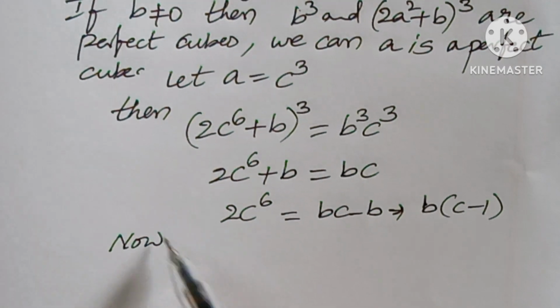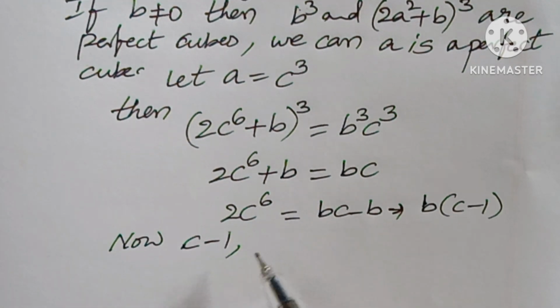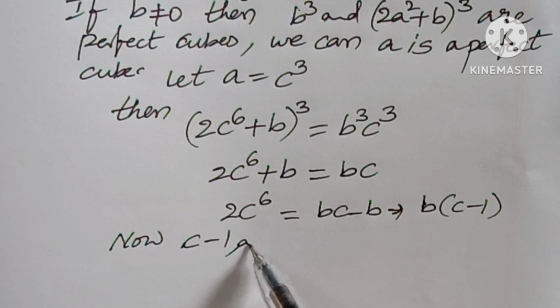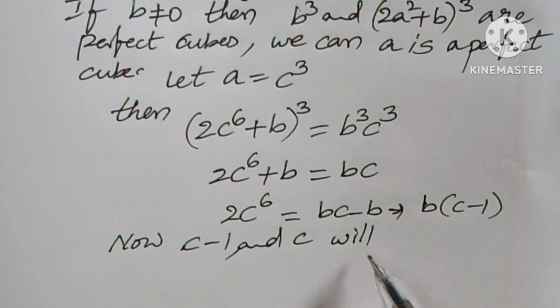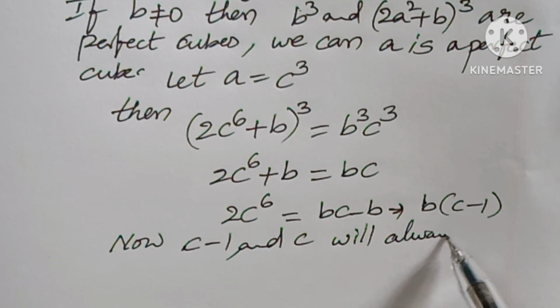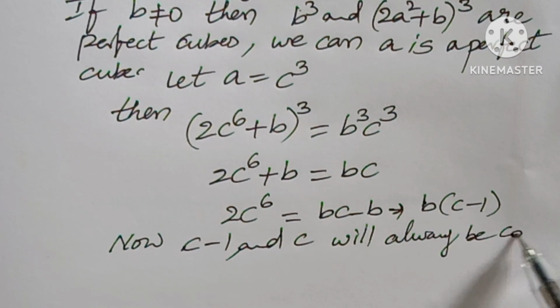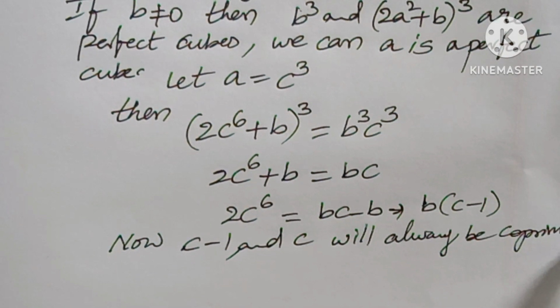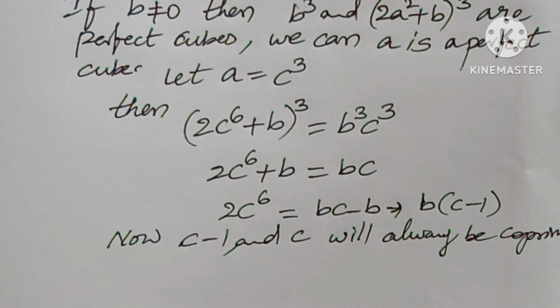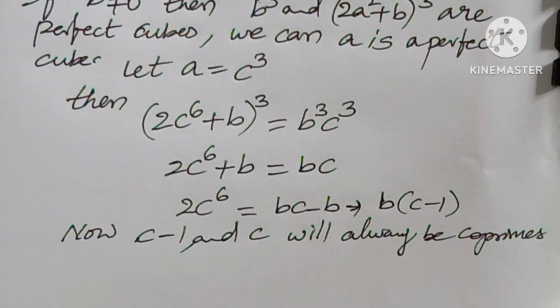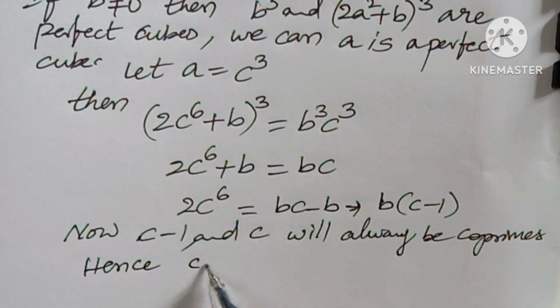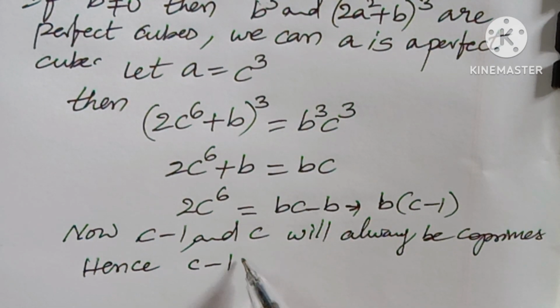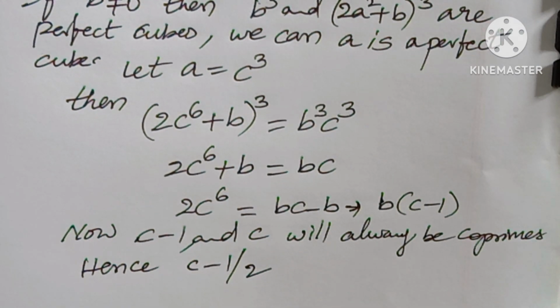Now, c minus 1 and c will always be co-primes. Hence, c minus 1 is a divisor of 2.